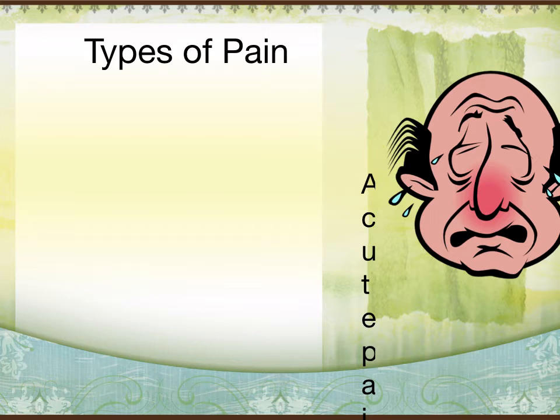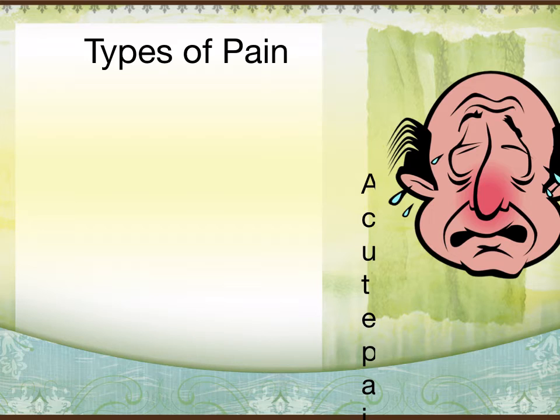Now, it's very important for you to know that in chronic pain, sometimes the pain areas are hard to identify. Your pain may have no foreseeable end. I mean, it will stay with the person all his life. While in acute pain, you can see some autonomic responses like blood pressure, pulse, and respiration increasing.